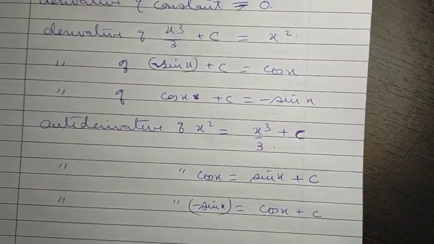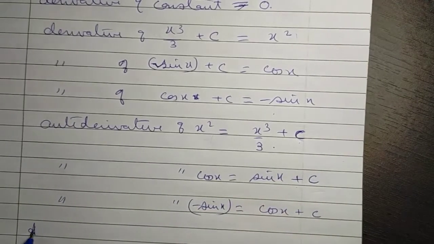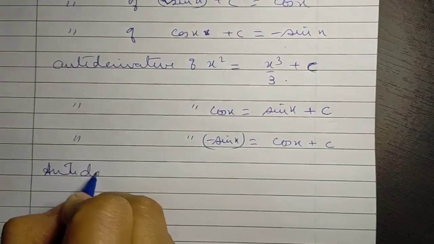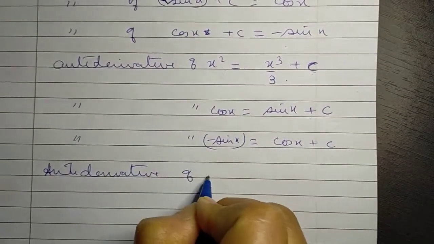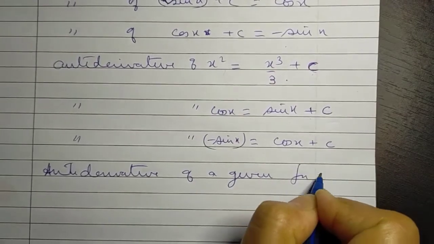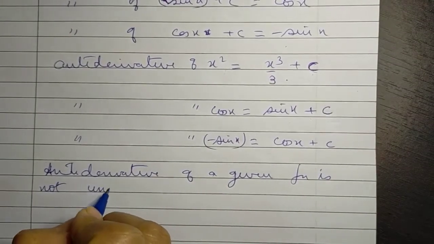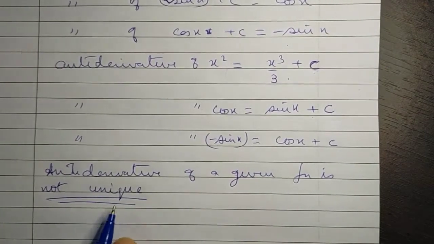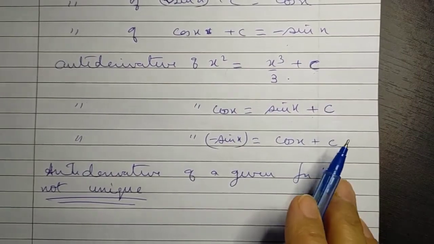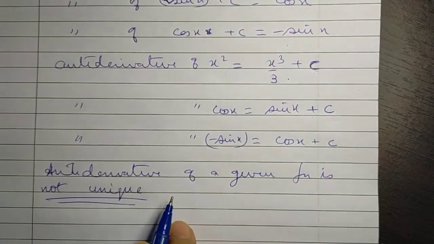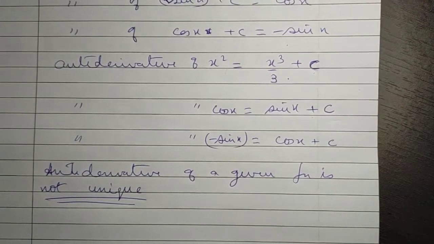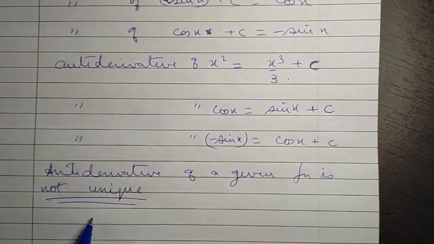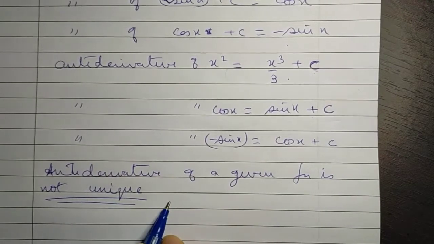Similarly, the antiderivative of minus sin x will be equal to cos x plus c. Okay, so we can clearly see that the antiderivative of a given function is not unique. This is a very important point which has to be kept in mind, because the constant has derivative equal to 0. So even though given any function, its derivative is always unique, the antiderivative is not unique.